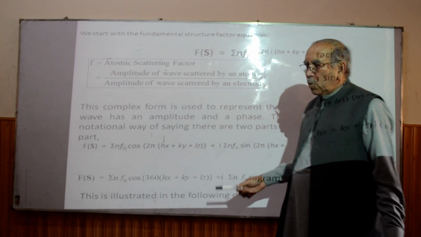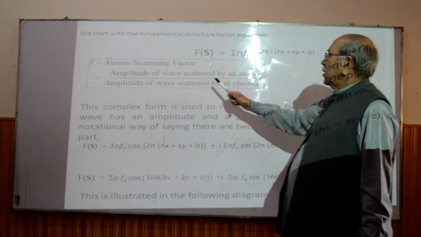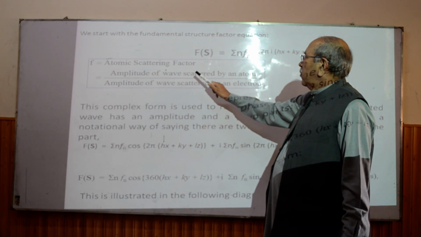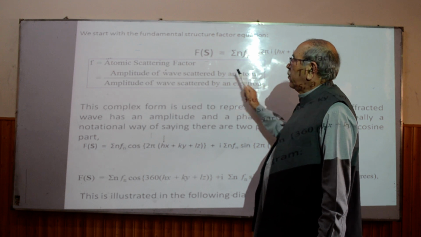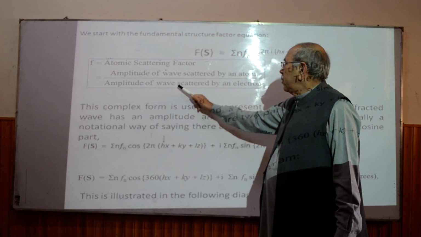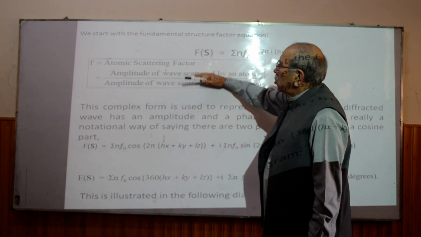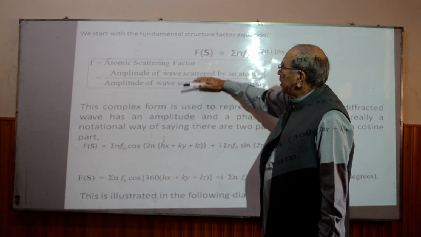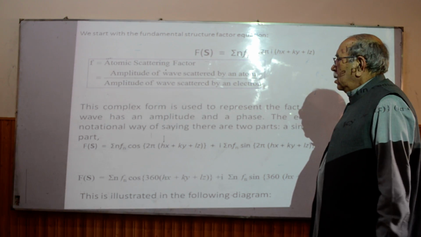An atom contains so many electrons, so the atomic scattering factor will be defined as the amplitude of the scattered wave by an atom divided by the amplitude for a single electron. So this ratio we call the atomic scattering factor, which is this part.